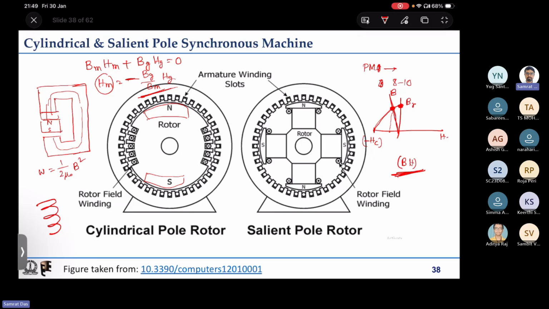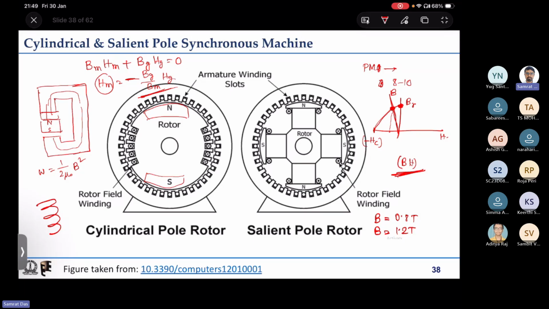Typically, compared to wound field machines, the B that you can go to in a permanent magnet machine is higher. In a wound field machine, the average flux density you can go to is typically 0.8 to 0.9 Tesla, but for a permanent magnet machine you can go as high as 1.2 Tesla. So some 20 to 30% increase there. Additionally, because you do not have any field winding, you do not have any losses on the rotor, so you can increase the current that you pass through your stator for the same geometry.